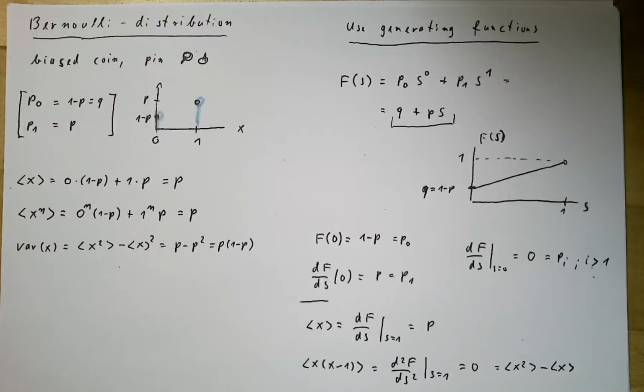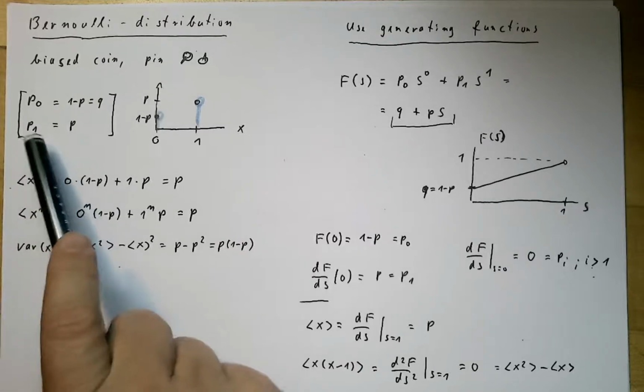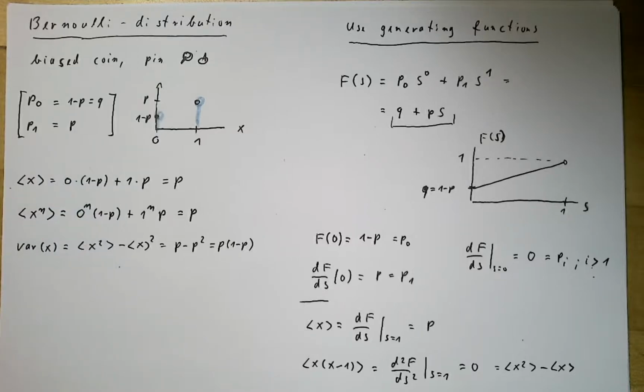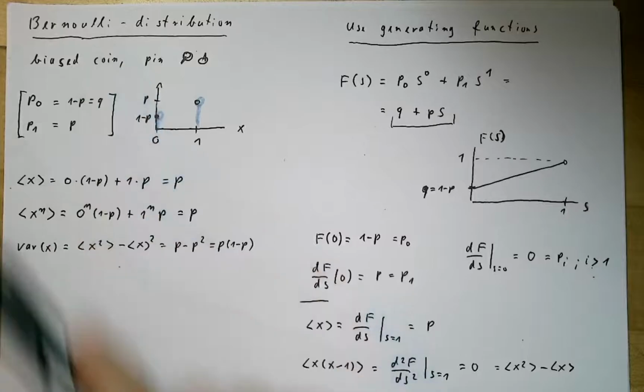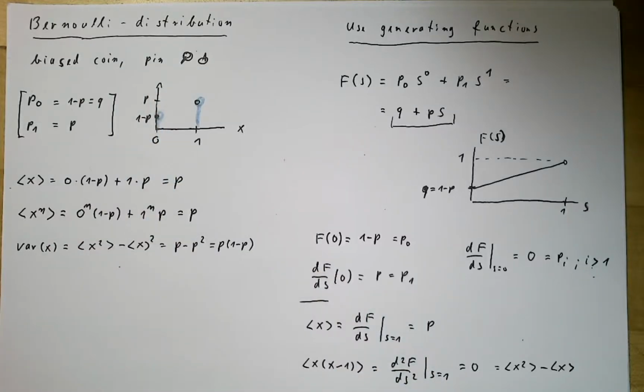Let's stay with the example of a Bernoulli trial, but now we don't make just a single Bernoulli trial, we make many of them, and we wait until we have success, until we have the event 1. So we go from the Bernoulli distribution to the waiting time of many Bernoulli trials.